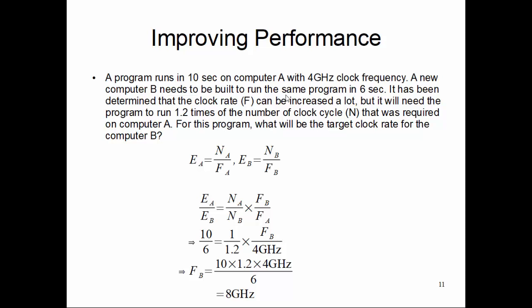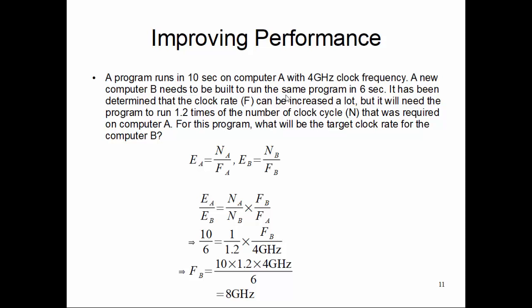You can increase the frequency a lot, but by doing that you are also increasing the cycle count, for various reasons that depend on each other. Given that the number of cycles increases by 1.2 times, what will be the target clock frequency for computer B?